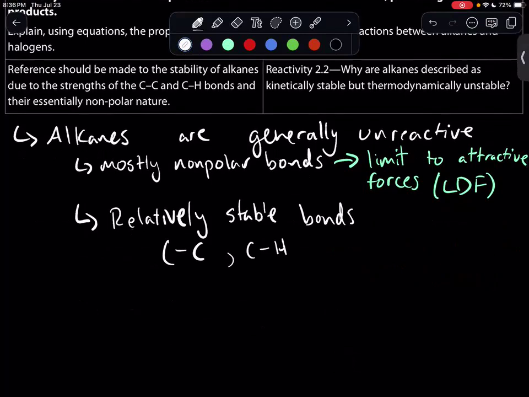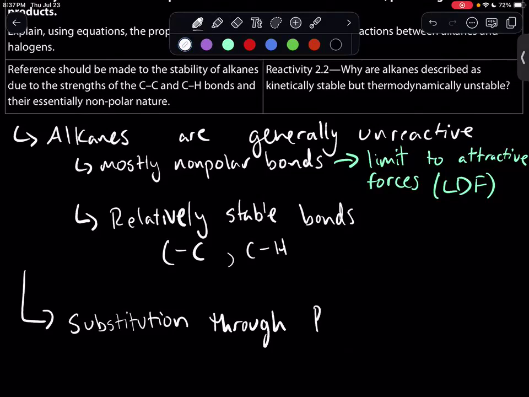So how do we actually react with them? Well, generally, alkanes will undergo substitution. And this is how we can interact with them, but it's specifically substitution through radicals.